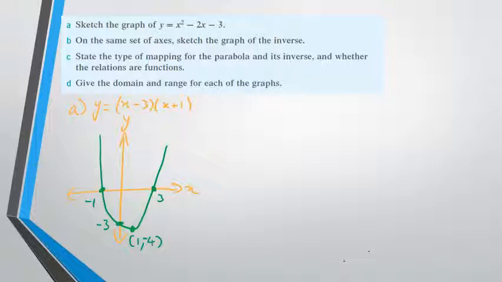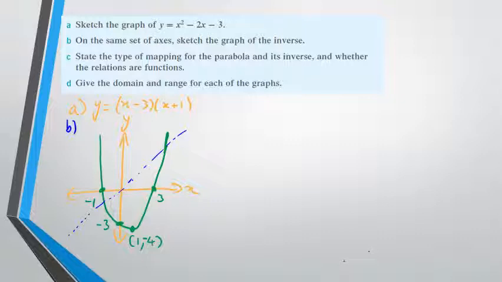So what you then do, it says on the same set of axes. Probably should read the question. The part B is also here. What you then do, put in the y equals x line. So then any x values become y values, and y values become x values.